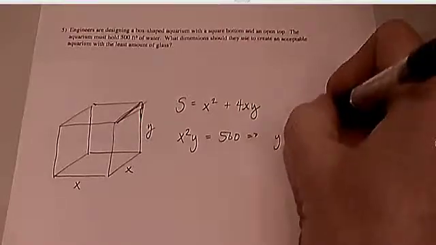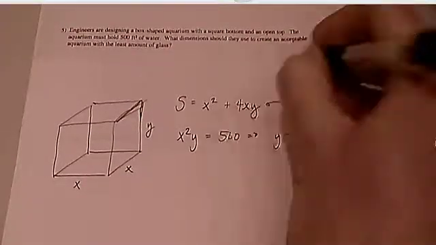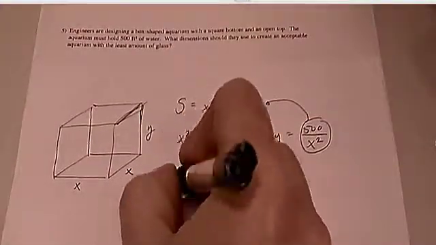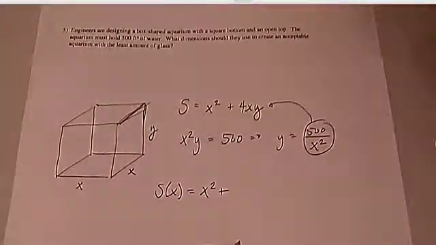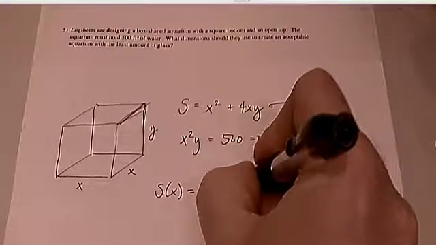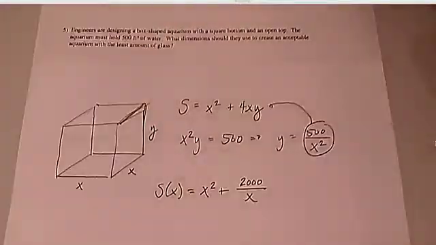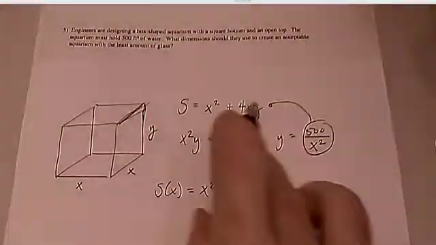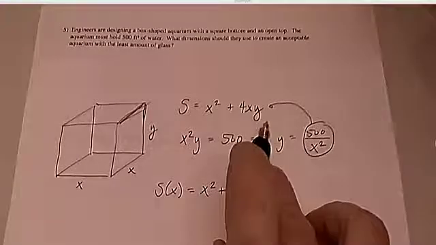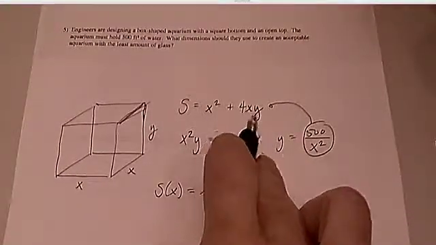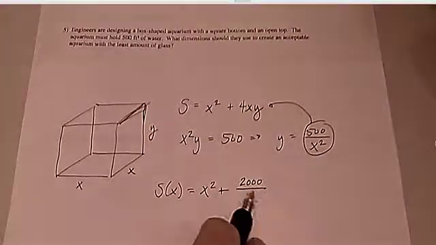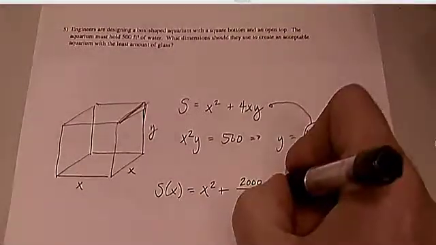And that, of course, can be substituted in such that I now have a function of surface area. Once 4x is multiplied by this, the 4 gets multiplied by the 500 and becomes 2,000, and this x is going to cancel out with one of these x's, just leaving a single x in the denominator.